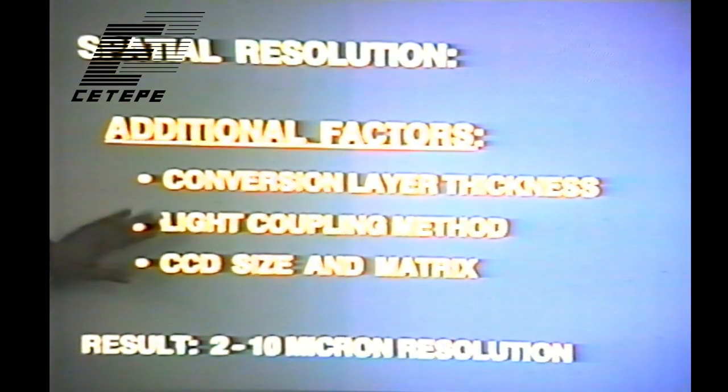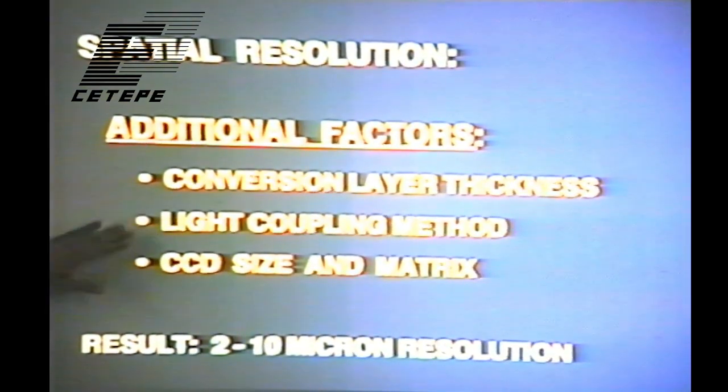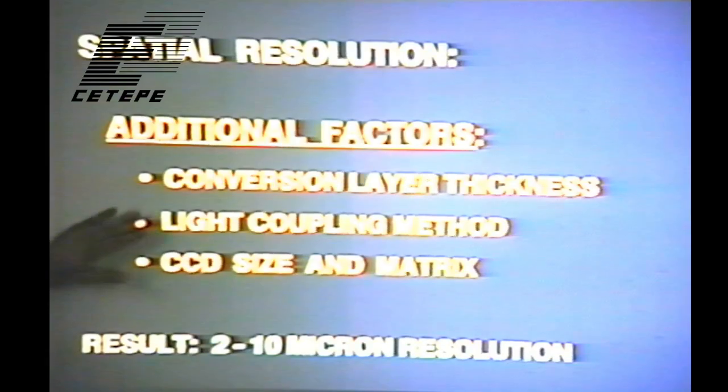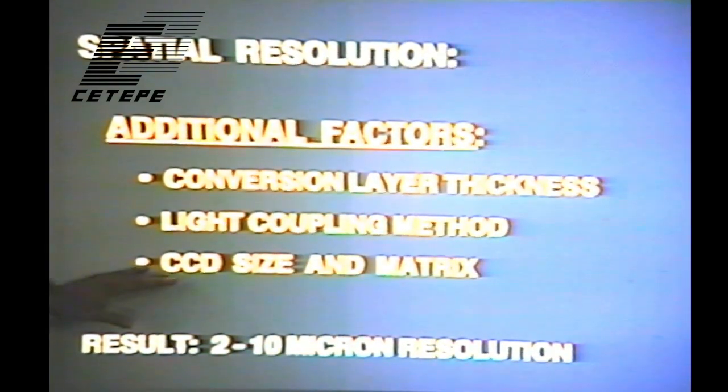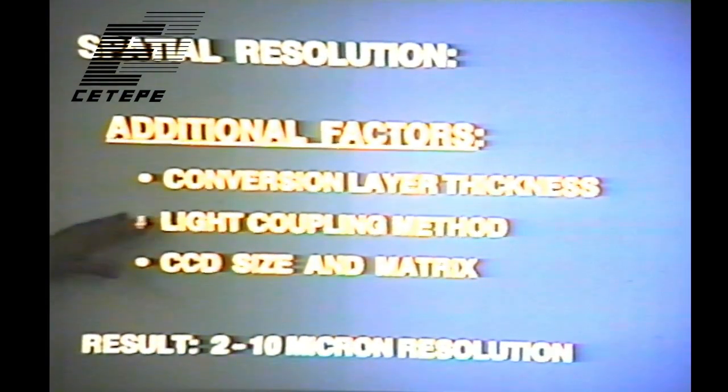I mean, fiber optics have a lot of problems in terms of distortions. And so if that's poor, then that might limit your spatial resolution. And then finally, the number of pixels in your CCD and the physical size of your CCD can have an influence. So you always want your CCD to be big with lots of pixels. You want a good light coupling and a thin phosphor for high resolution.